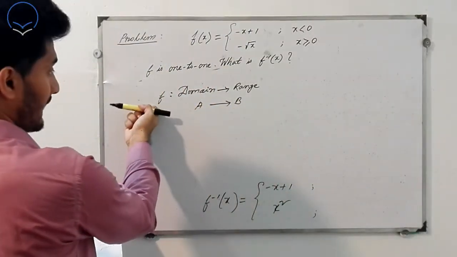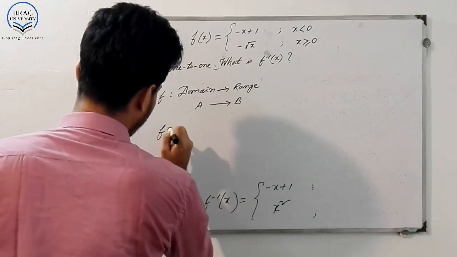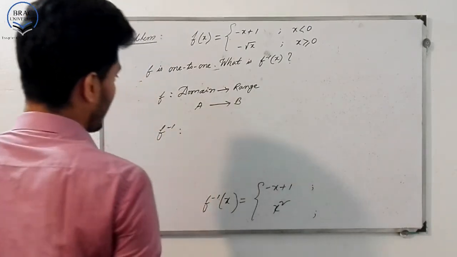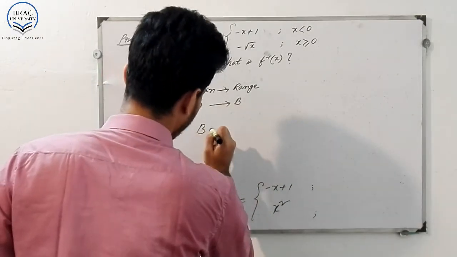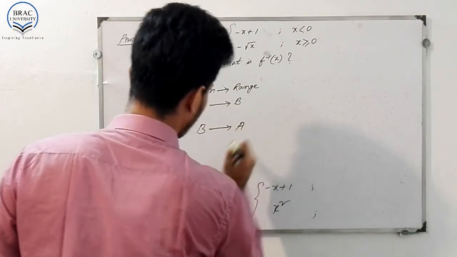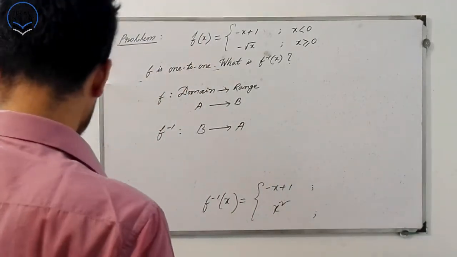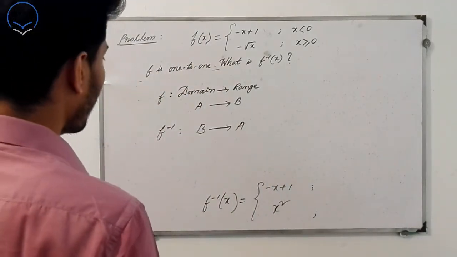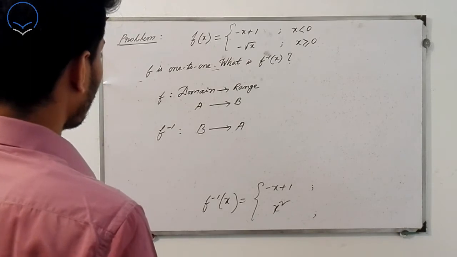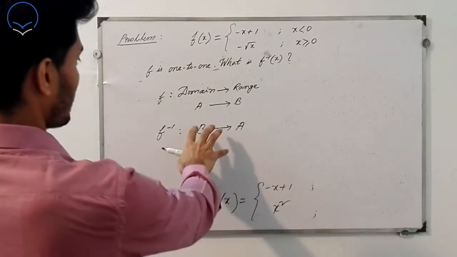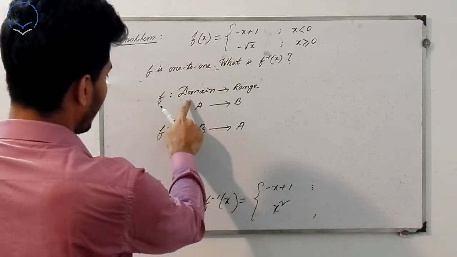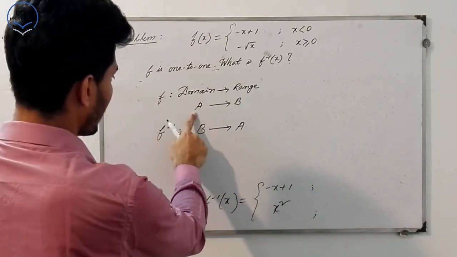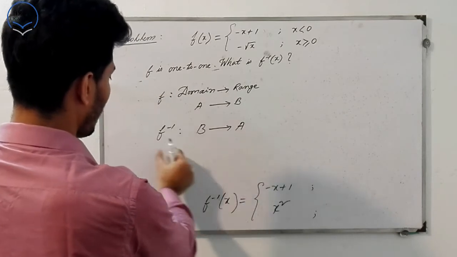But that's for f. But when you're finding f inverse, then we do the opposite. So we go from b to a. So we're just doing the opposite. Now the important relation that you can see looking at this diagram is that the domain of f becomes the range of f inverse.